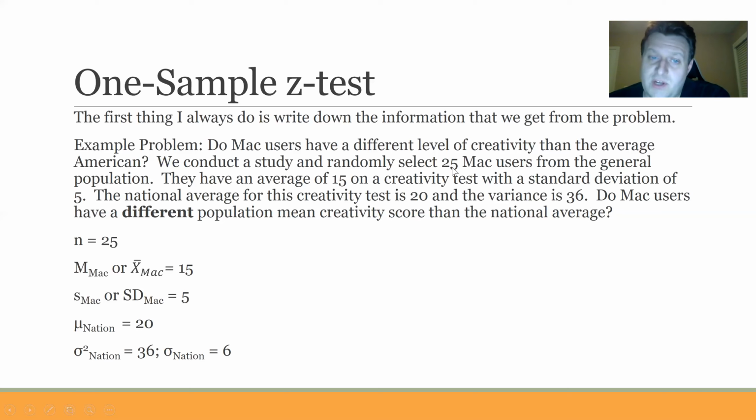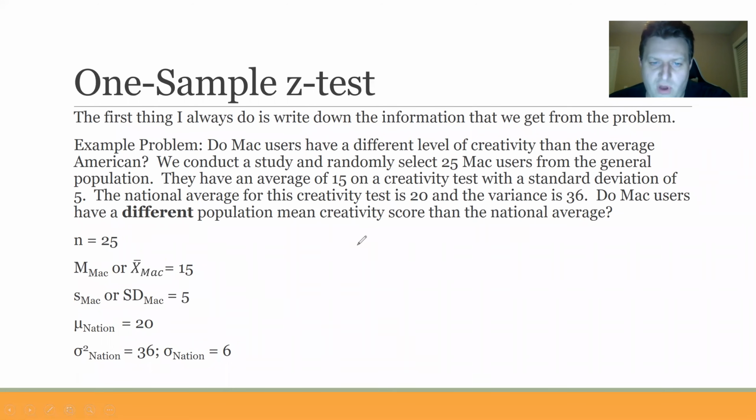Do I have a prediction about whether the Mac users have a higher population mean than everybody else, a lower population mean than everybody else, or just if there's a difference? This is important when we set up our critical values, our cutoff values for when we reject and when we retain the null hypothesis.